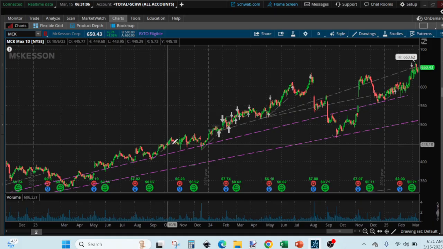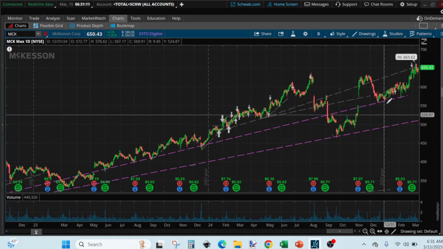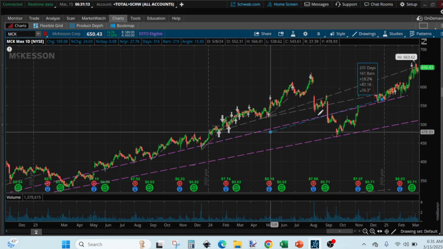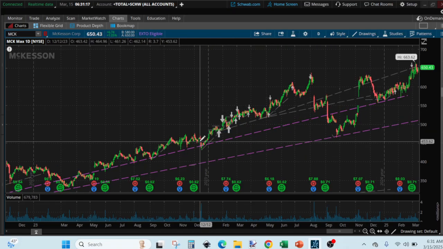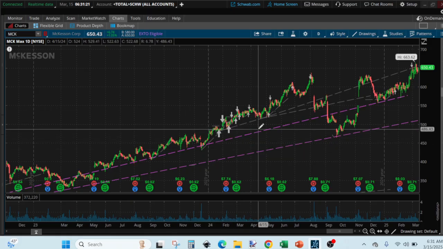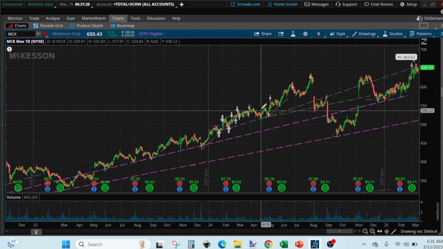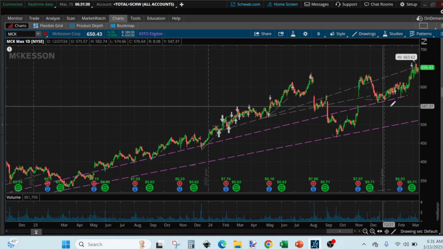But again, that's something you have to analyze for each stock. Depending on where you bought it, you might decide to stay in the trend longer because it's going to continue making new highs, or pull back to the lower trend line, and you might still have profits in it. Again, it will depend on where you bought it as well.